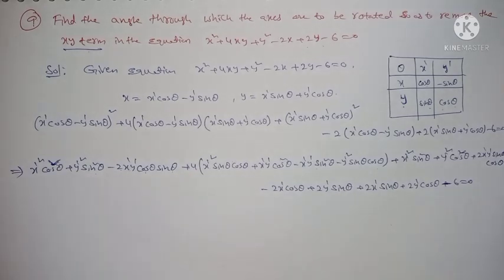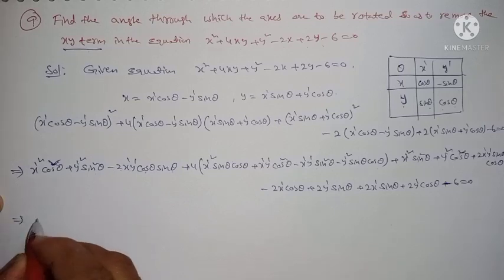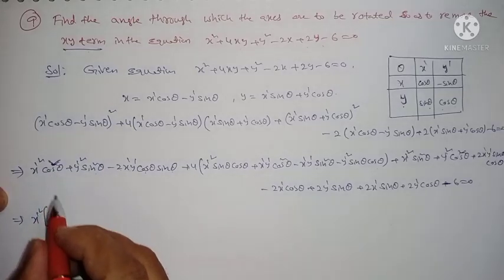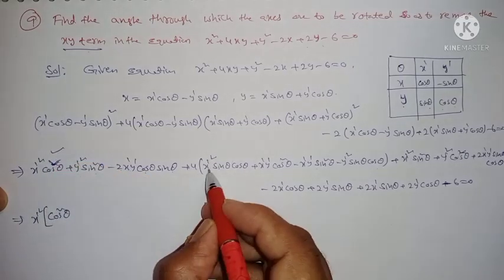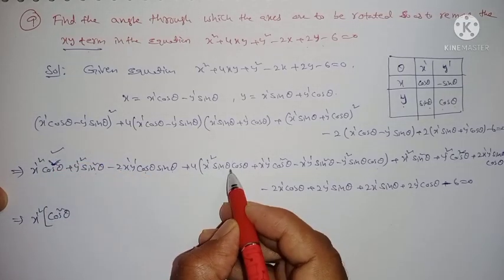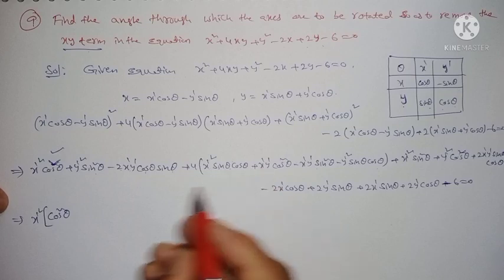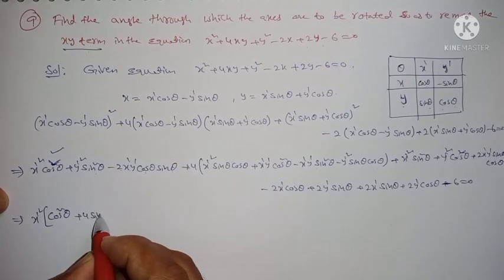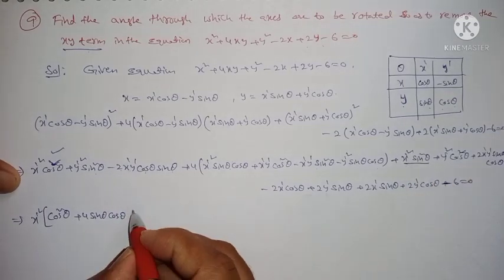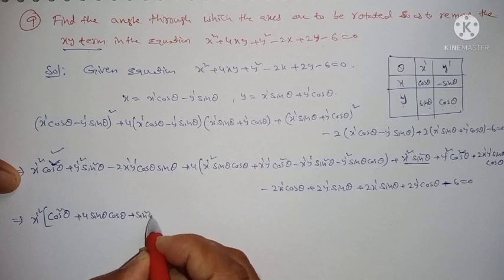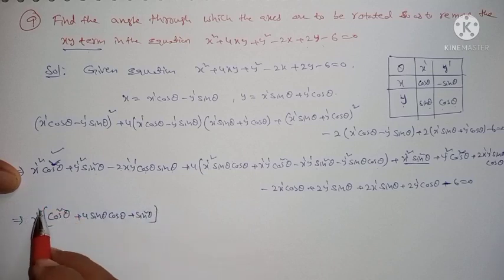You can take x dash square common. What are the remaining terms? First is cos square theta, and next is 4 sin theta cos theta, and the last term is plus sin square theta. You are getting the x dash whole square.